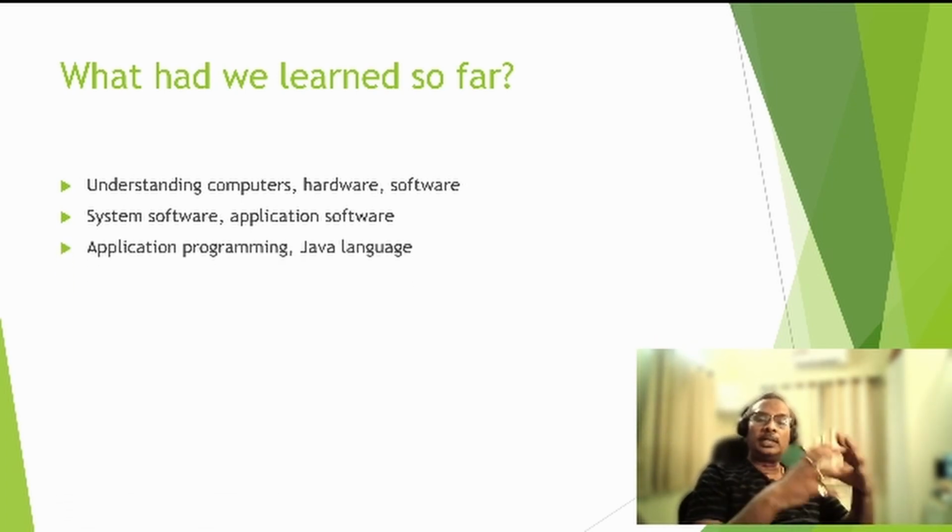And then we got into application programming because we are not worried about the system software for now. Our focus is on application. So for application programming, we decided that we will start with the Java language.